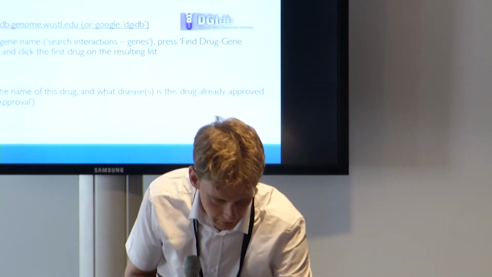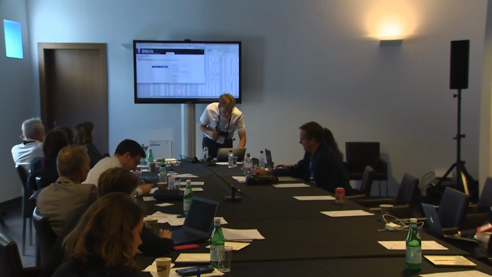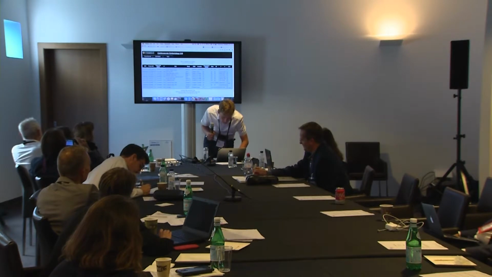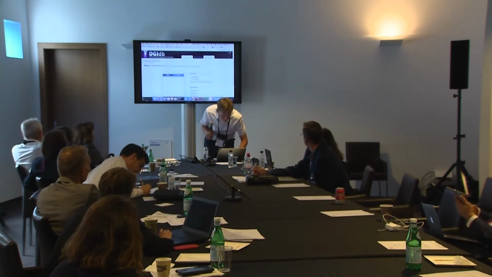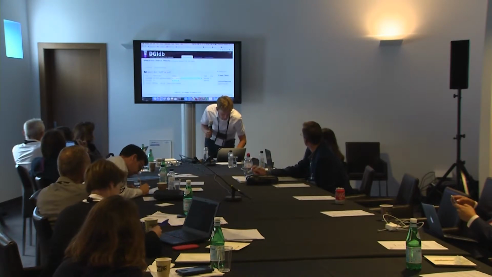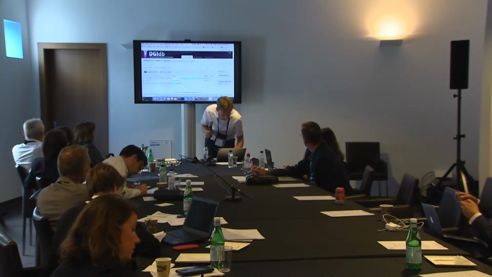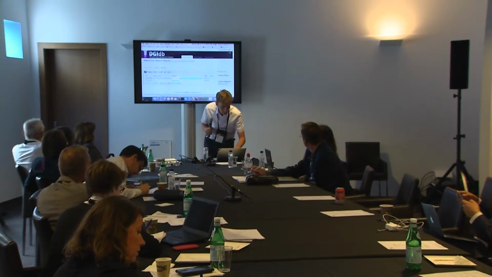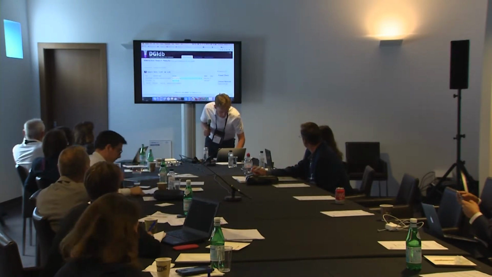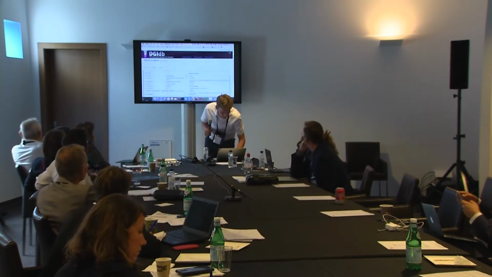Maybe I can just show it, because of course I've done all the exercises myself already. So let me see. This is how the website looks. It's very easy. You just enter your gene, then the targets come out, and you see the drug that was shown by Dan before as well, tocilizumab. If you click on this, you see there are a couple of indications.